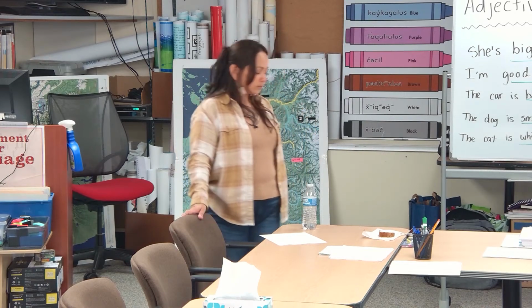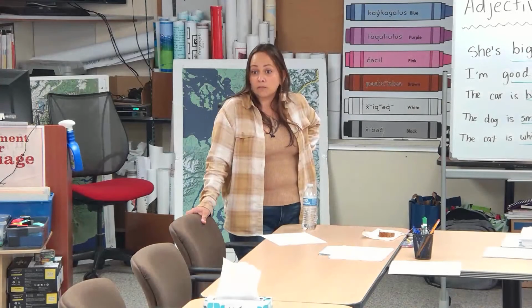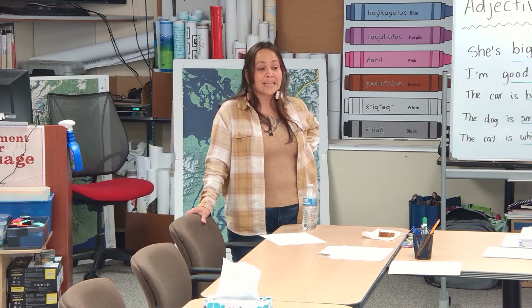Orange. Noun? Adjective? Or are we talking about the orange that you eat, or the color? Context based. Then I thought of color. And then store. What did we decide love was, though? Love is based on context. So it could be a verb or it could be the noun.